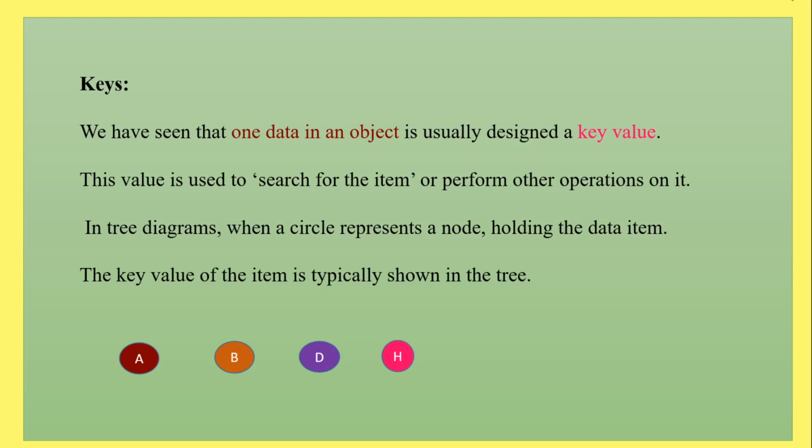This value is used to search for the item or to perform other operations on it. In trees, a circle represents a node holding the data item, considered as the key. The key value of the item is typically shown in a tree like A, B, D, H.